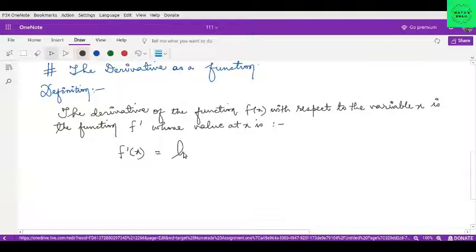This is equal to limit h tends to 0, f of x plus h minus f of x upon h, provided the limit exists.